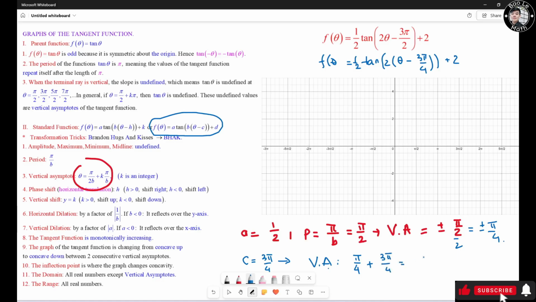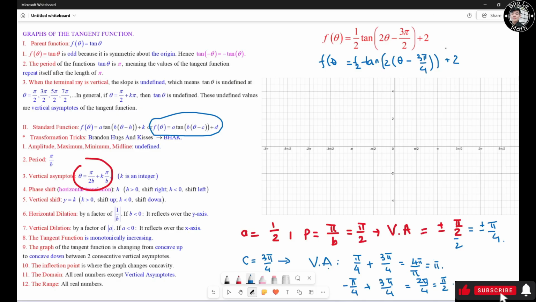So it turns out to be 4 pi over 4, and you simplify, it turns out to be pi, right? And negative pi over 4. So then you have negative pi over 4 plus 3 pi over 4. And then it turns out to be 2 pi over 4. And it's going to be pi over 2, right?